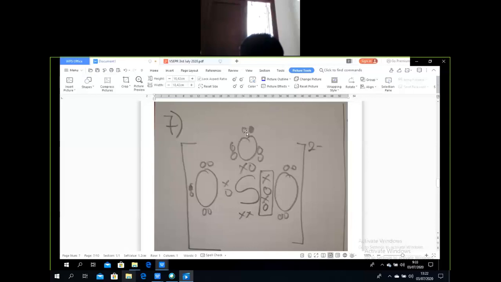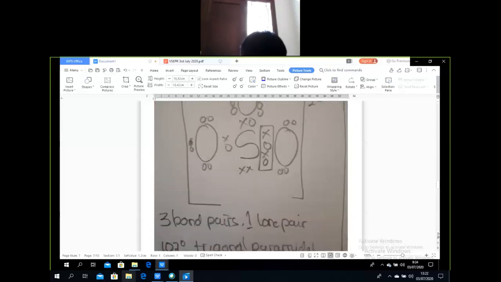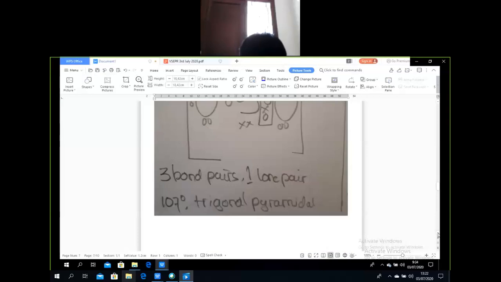This one has 8 electrons, this one 8 electrons, and there is a lone pair on the sulfur. That makes 3 bond pairs and 1 lone pair. So the shape is trigonal pyramidal with 107 degrees.